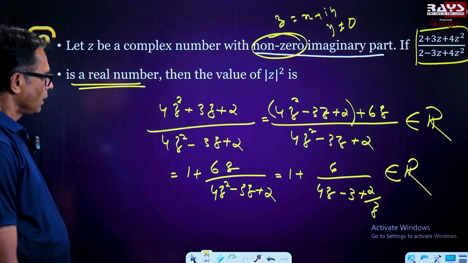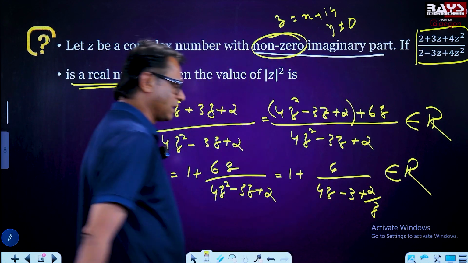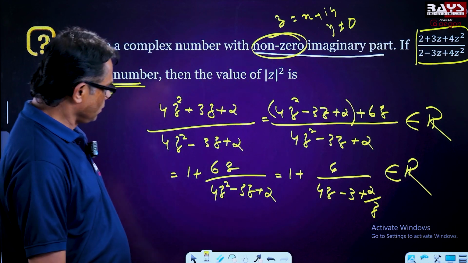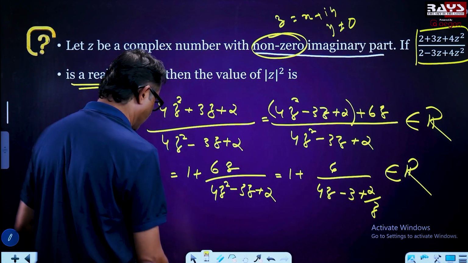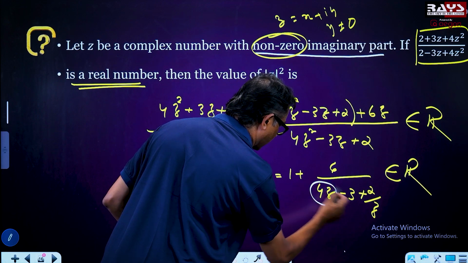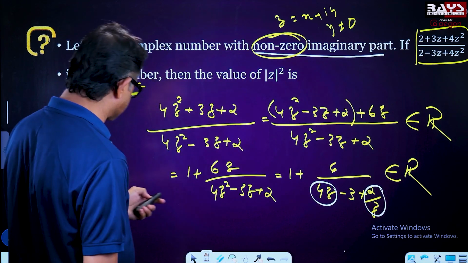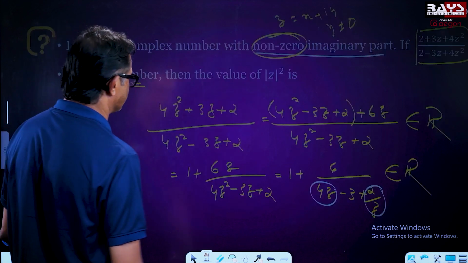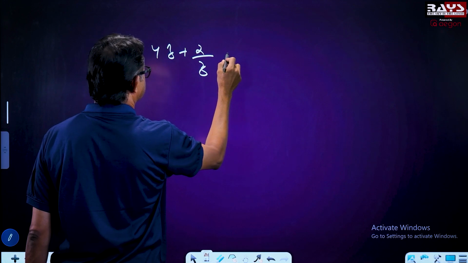So that means, when you consider this function, 6, minus 3 etc. are real numbers in fact. So we can very well take 4z plus 2 by z to be a real number. We can consider this 4z plus 2 by z should be a real number.